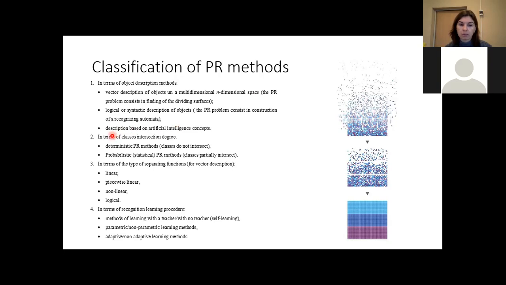And there are some methods that are based on artificial intelligence concepts. It's everything that does not correspond to the first and the second part. When you are working with information from different sources, it may be voice, text, images. For example, you need to construct a system which analyzes information from all sources.